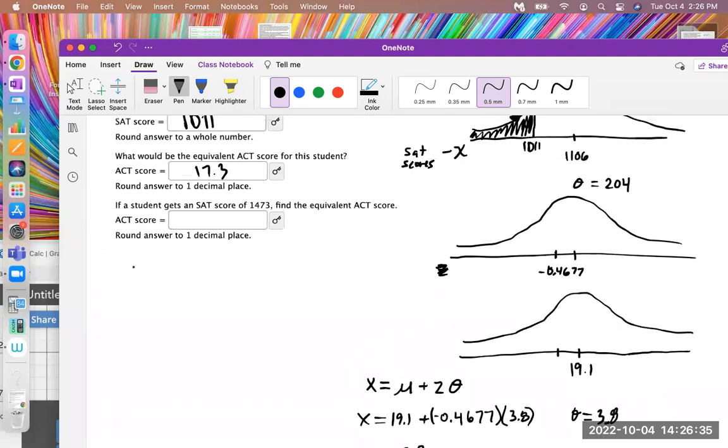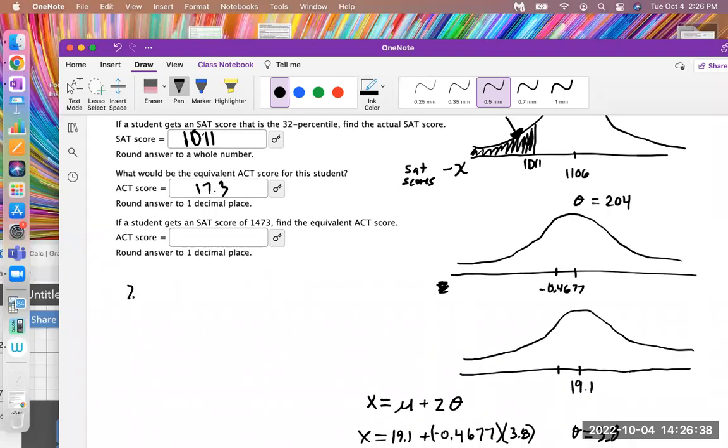So one way of finding a z-score is always doing the value minus the mean all over the standard deviation. So the value of interest that we're trying to find the z-score of is the 1473 minus the mean, which in this case is 1106, divided by the standard deviation of 204.